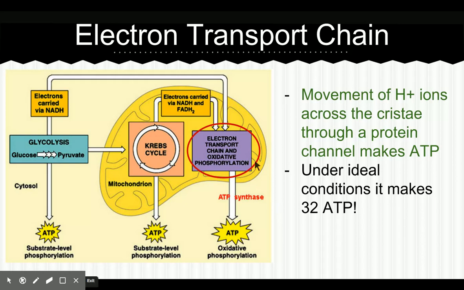These channels are a way for the hydrogen ions to get away from each other. So as the hydrogen ions rush through these channels, they're rushing through with such force that their movement through the channel is actually going to make ATP. And for every 1 molecule of glucose that we take in, we can actually make enough hydrogen ions through NAD and FAD that we can make 32 ATP in ideal conditions.